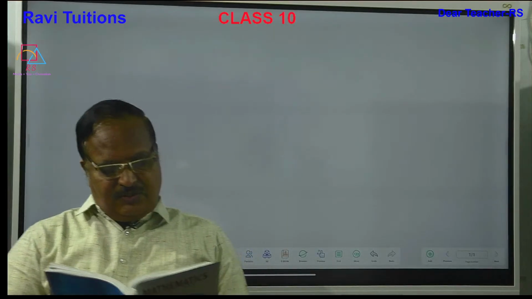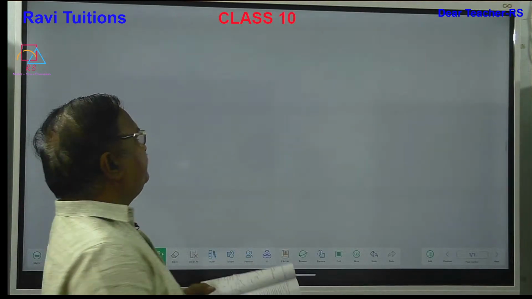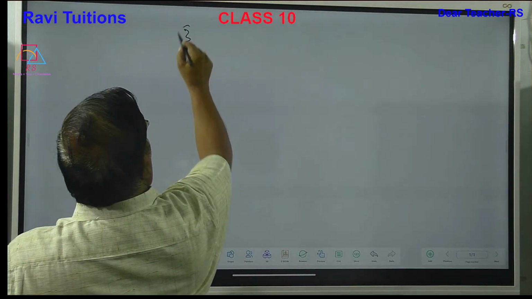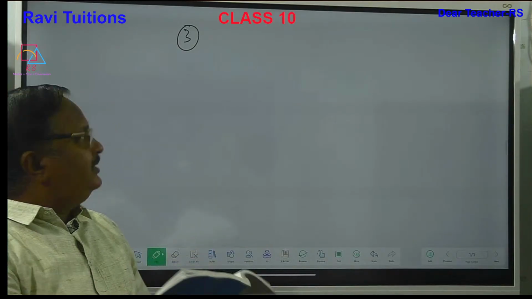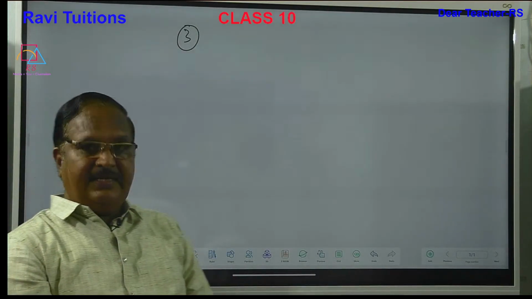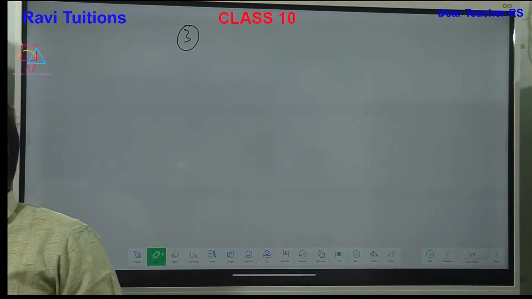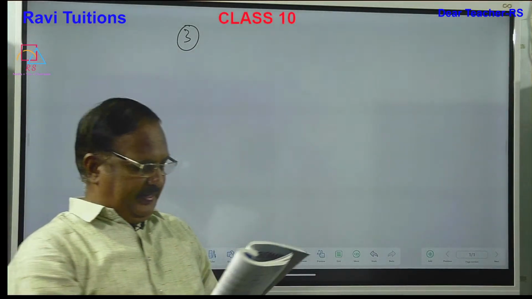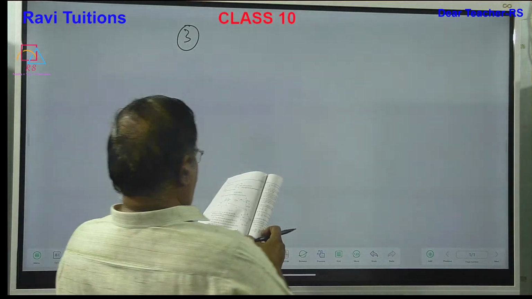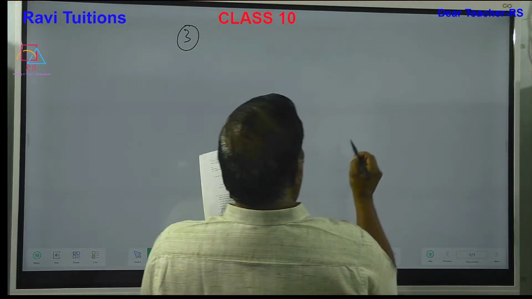Now let us go to the third question. Question number 3, page number I can give you, 84, exercise 6.2. For this they have given a figure, so let me draw the figure. Figure 6.18.